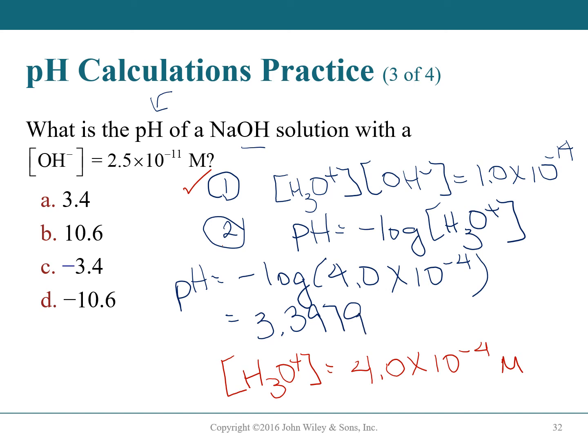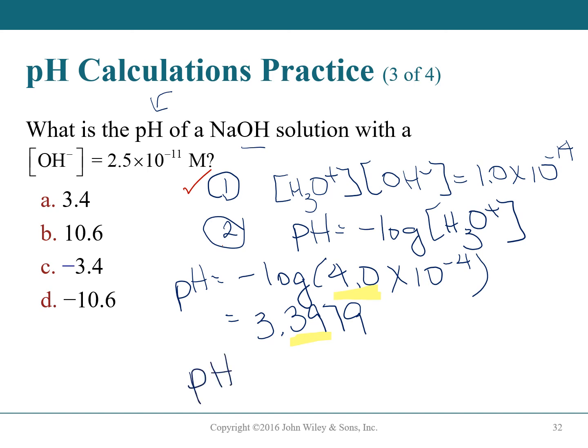Now, how many significant figures? In a normal number, that's 4. But for the log value, the 4.0 has 2 significant figures. Once I get my log value, I need to look at after the decimal point. So our pH is going to be 3.40. Okay, this needs a 0 at the end.